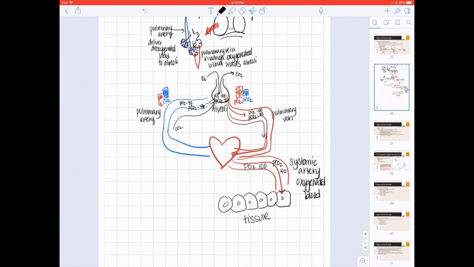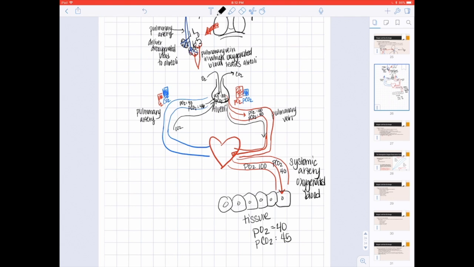Now the partial pressure in tissue of oxygen is 40 millimeters of mercury, and the partial pressure of CO2 is going to be at least 45 millimeters of mercury. Okay, so now we're starting to see where we've got a difference in our partial pressures. So again, gases are going to travel from high concentration to low concentration.